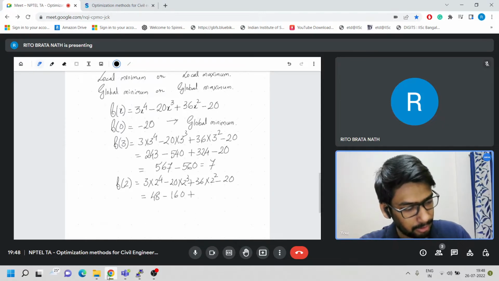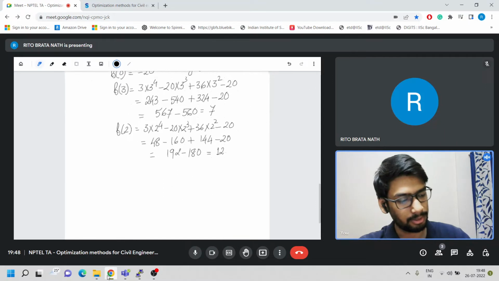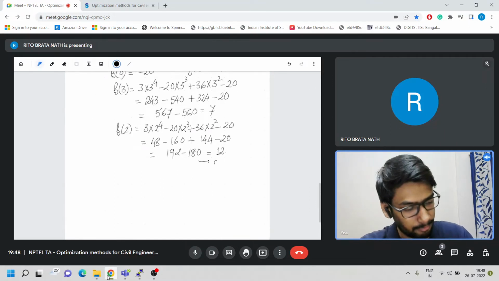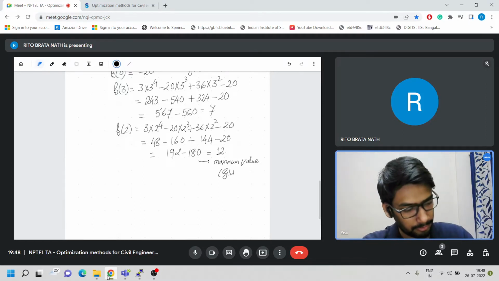This will be 36 multiplied by 4, something like 144, and this is minus 20. To add this up, it will be 192 minus 180 or something. So this is 12. So this 12 is indeed the maximum value of this function. And this is the global one as well.